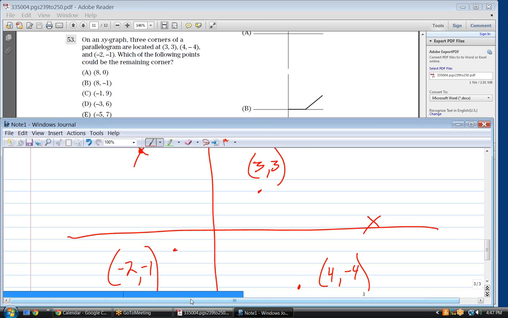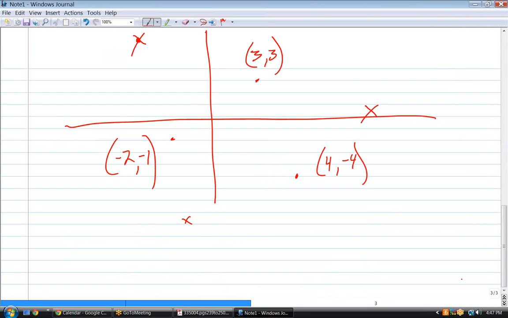So what do we need to do to figure out what those points would be? Well, if this is the parallelogram, and this point, we don't know what it is.